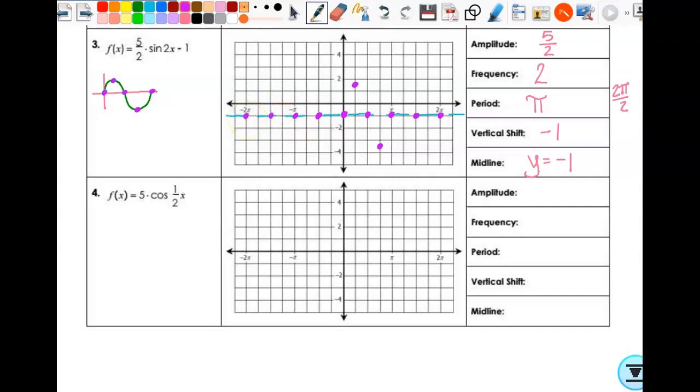And then you just alternate above and below, halfway between. Once you get this one sketched in, you can go.